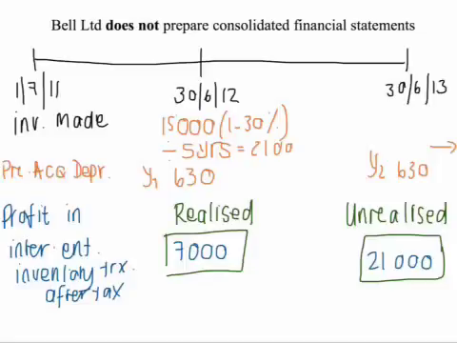Remember that similar to group financial statements, any unrealized profit resulting from transactions between the investor and the associate is eliminated, so that the results that are brought into the investor's accounts only reflect transactions with external parties, external to that group structure or that investment structure.